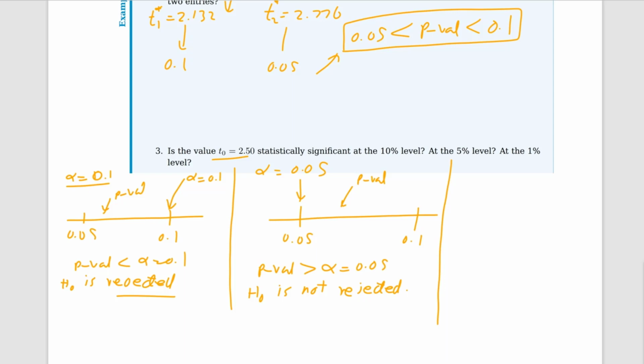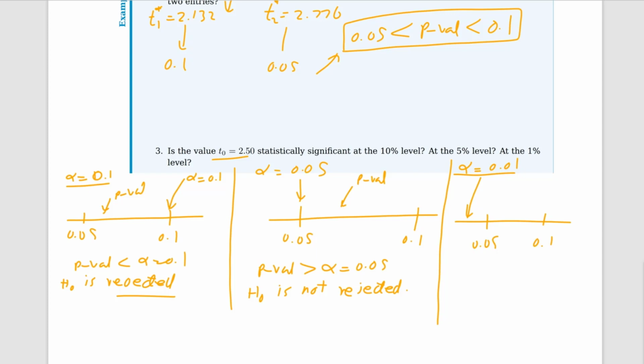Okay. Then 1%. Alpha equals 0.01. Then we can say this is 0.05, this is 0.1 and 0.01 should be somewhere here, right? We just compare numbers, okay?